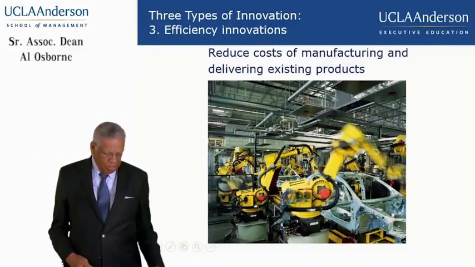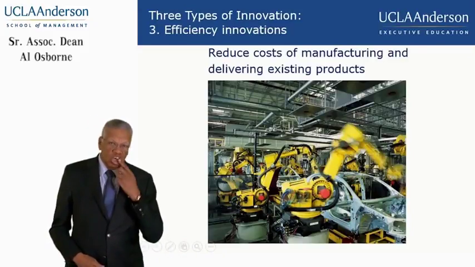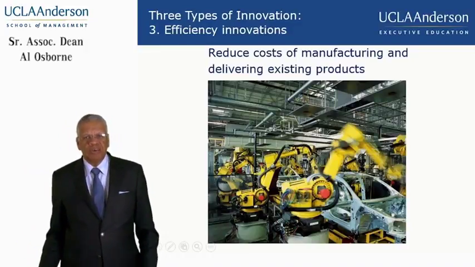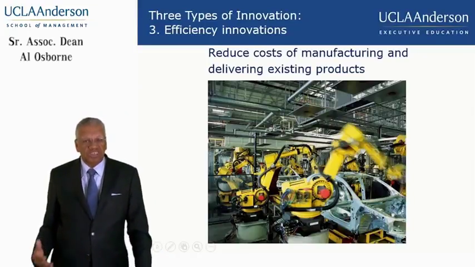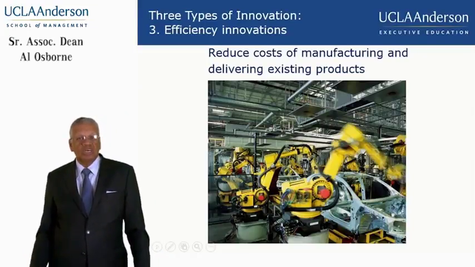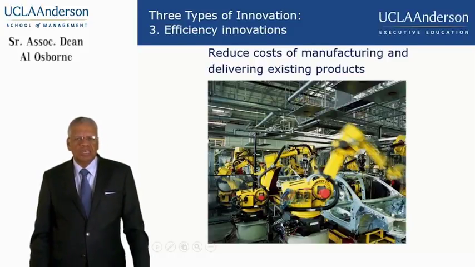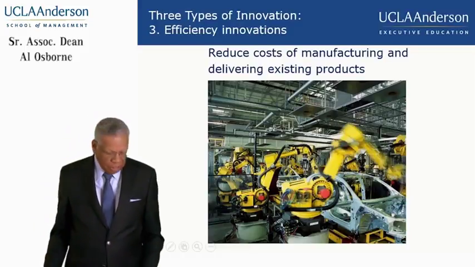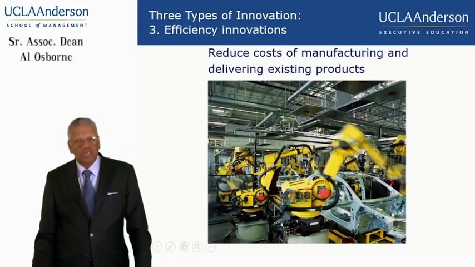This is primarily geared to reducing the costs of manufacturing and delivering existing products. You can see by this chart right here we have a variety of robots, and it's an effort through technology to replace the way in which cars are produced. There are no people in this picture, but you can see a variety of robots working in different parts of the automobile, manufacturing a better product without people.